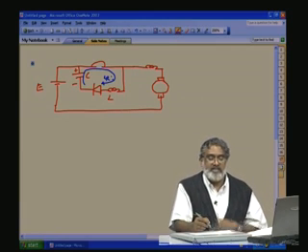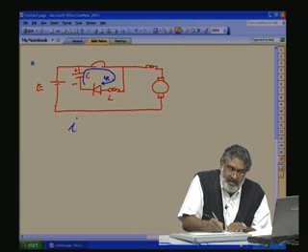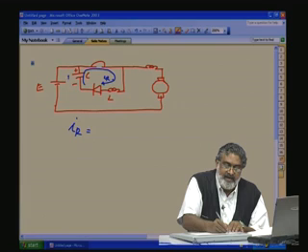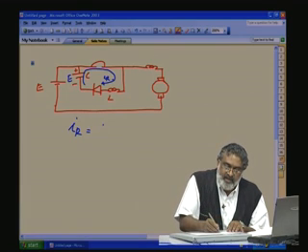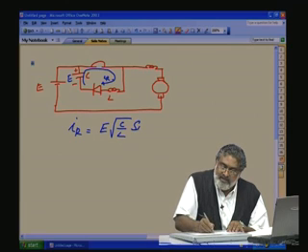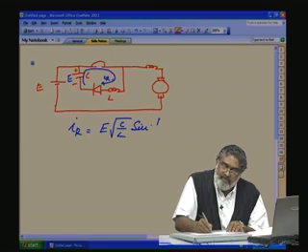What is the equation for the resonant current for an LC circuit? This IR, we know it, IR is equal to E, the voltage across the capacitor, into root C by L into sin omega t, where the resonant frequency is 1 by root LC.